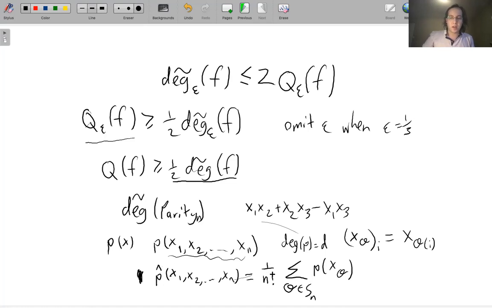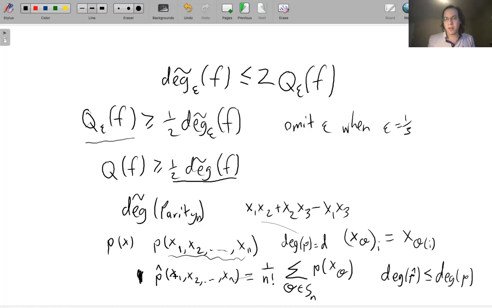So we get that the degree of p hat is at most d, at most the degree of p. So we get this new polynomial with the same degree. Maybe we got lucky and it even decreased, but generally it's just going to have the same degree as the original polynomial p.